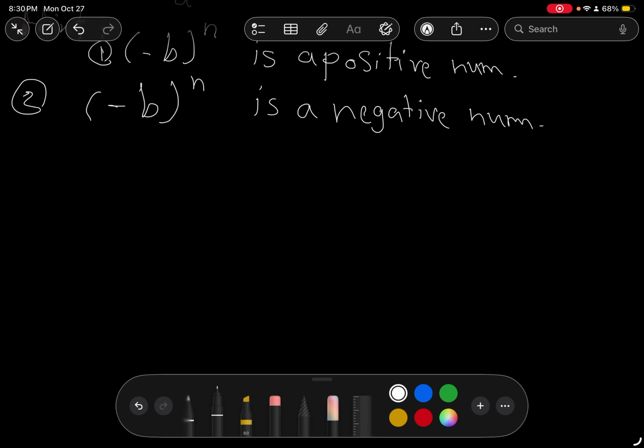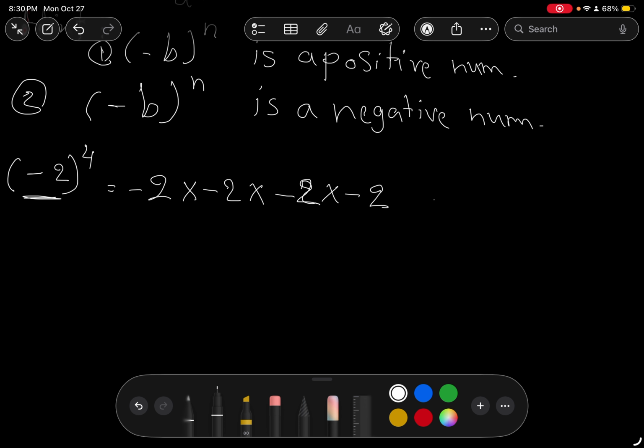Okay, so we have an example. Negative 2 to the fourth equals a positive number. Why? Because we should multiply negative 2 four times.